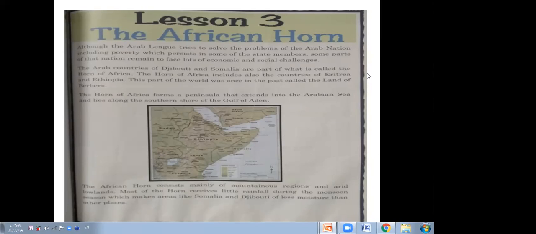Number one, Somalia. Of course, the biggest part of the African Horn is Somalia. We have also Djibouti. We have also Eritrea and Ethiopia. So four countries. Djibouti and Somalia are Arab countries, and also we have Ethiopia and Eritrea.